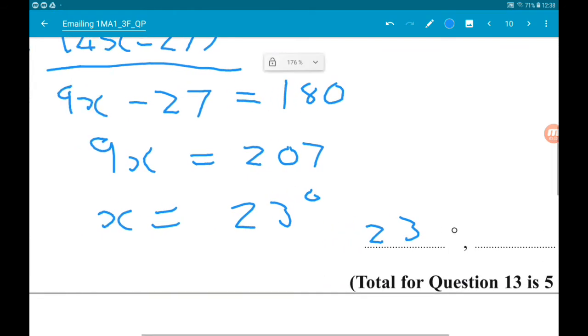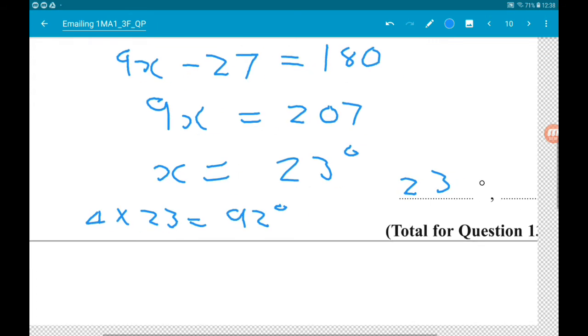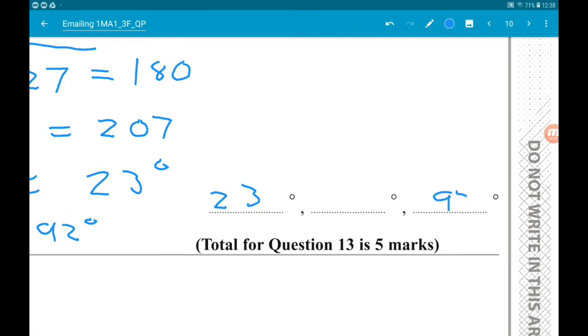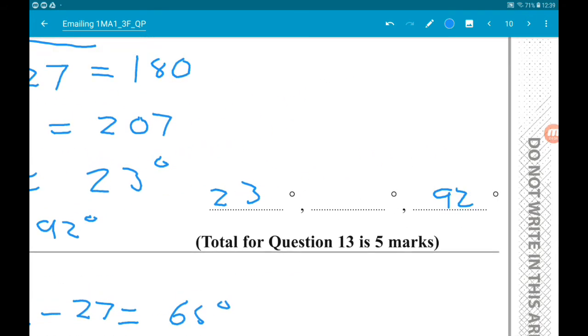Now the largest angle then is 4 times 23, and that is 92. And then the other one is 92 minus 27, which is 72 minus 7, 65. Sure, there are 3 angles.